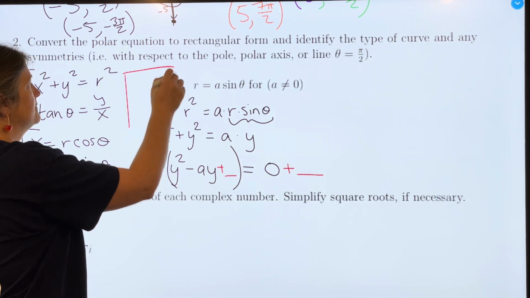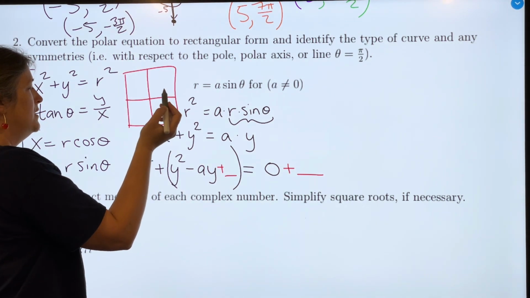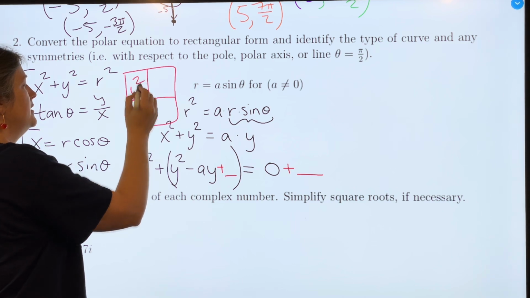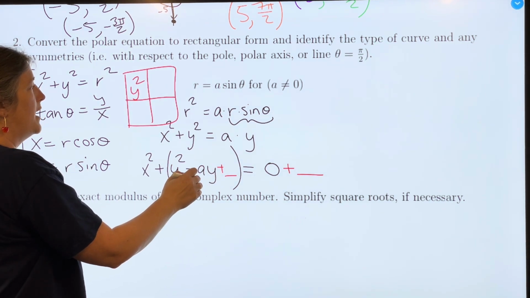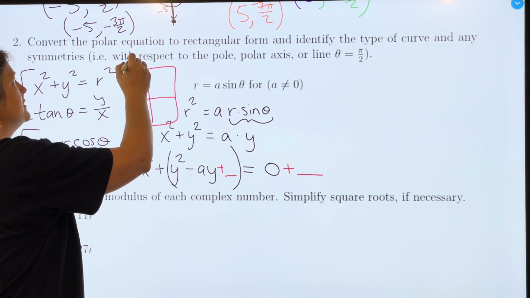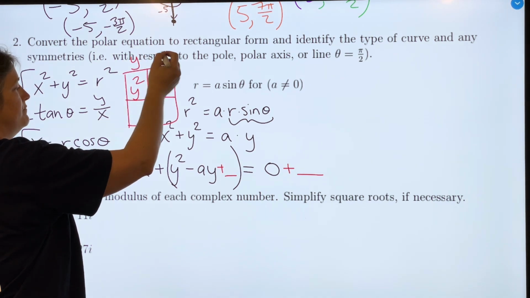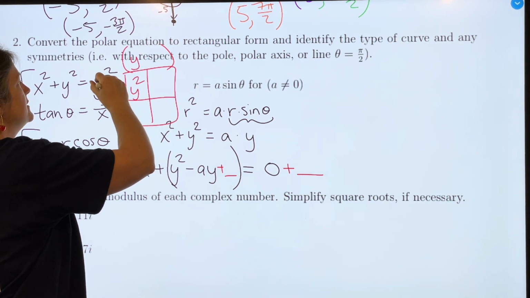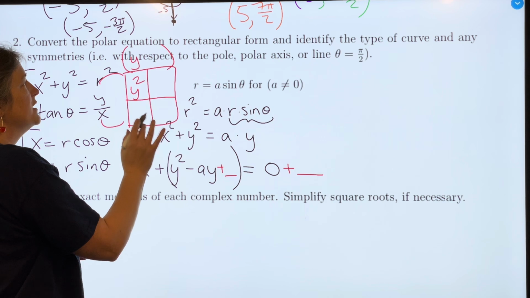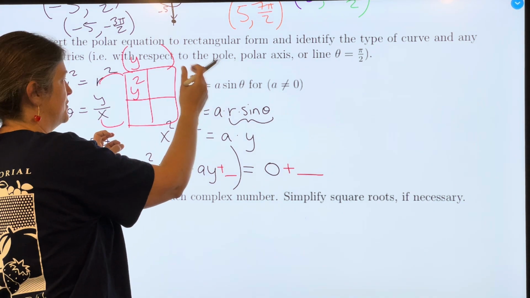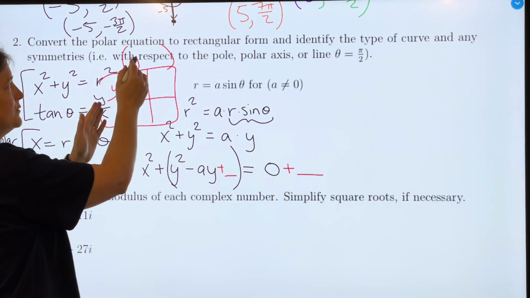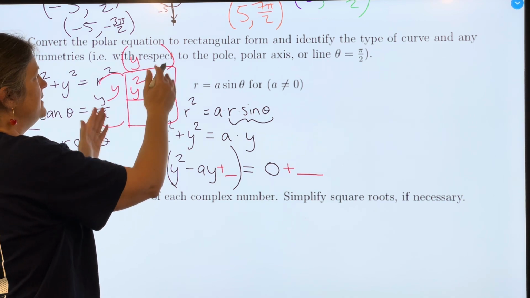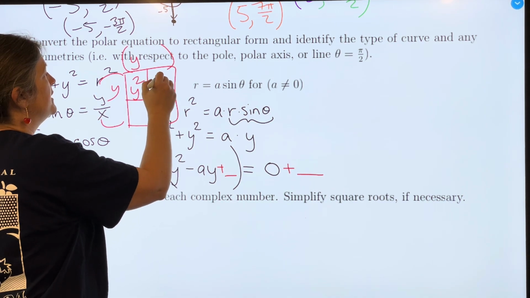Let's see. Right now, my square has a y squared and a negative ay, but I need it to be written as y plus or minus something times itself. This needs to be a square, so I need symmetry. This will be y as well. My y squared is already symmetric. I need that negative a to be split.